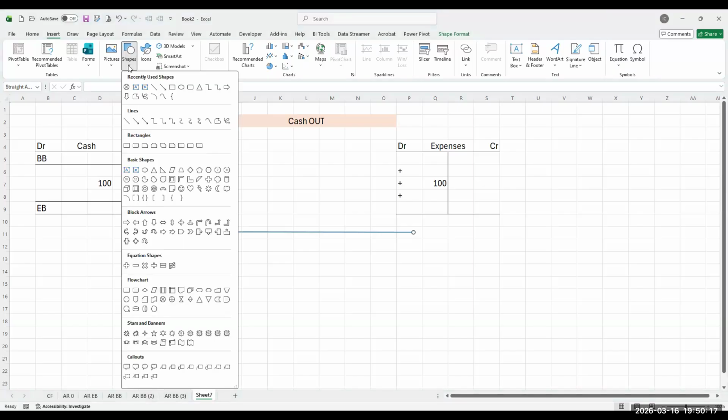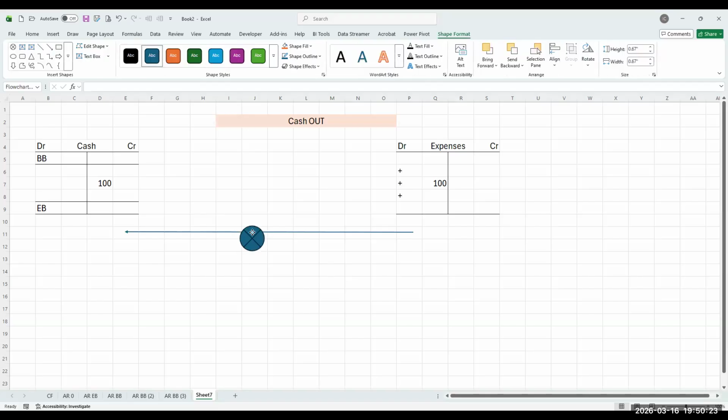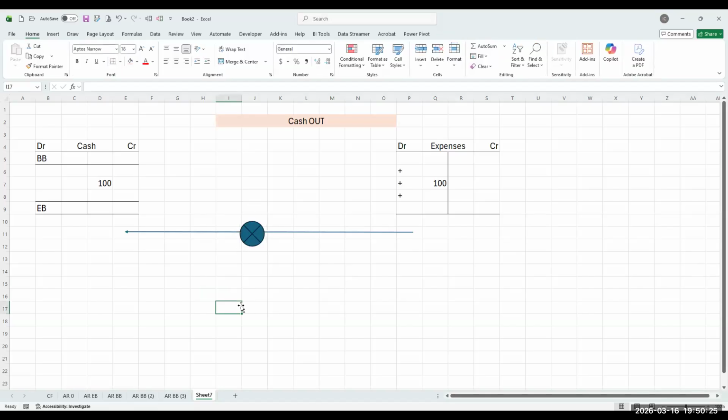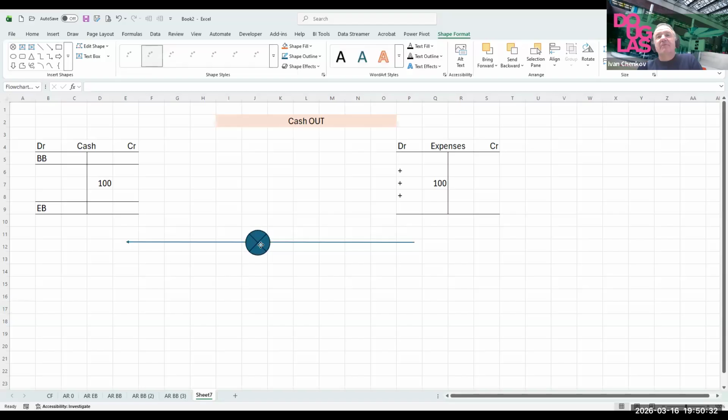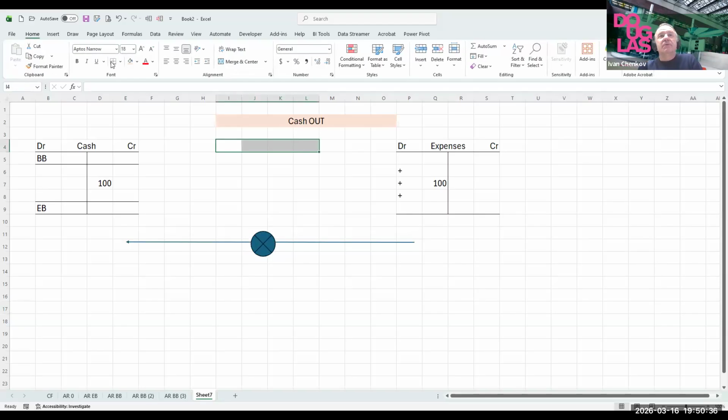Accounts payable. And the reason is that on the left side we're crediting the cash, and on the right we're debiting the expense. That's where accounts payable comes in place. Perfect. Excellent.